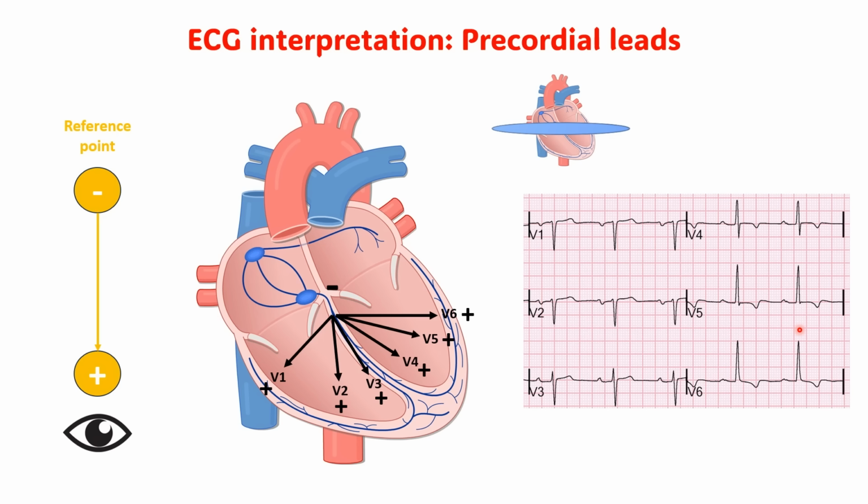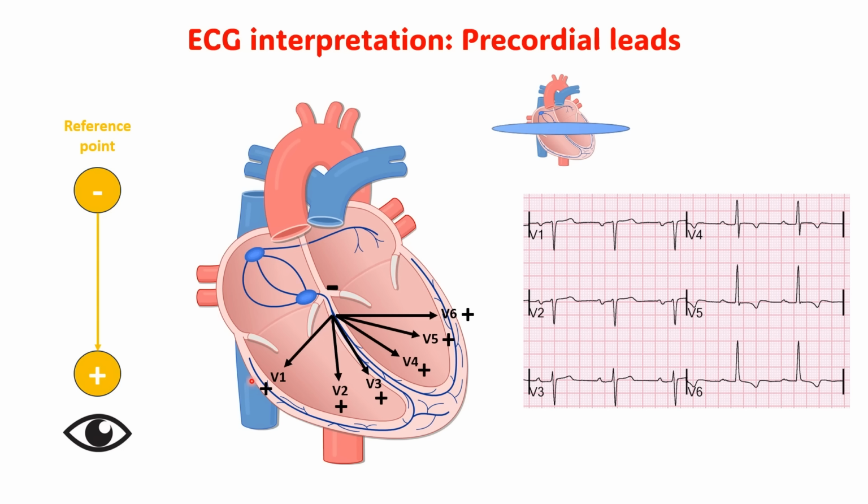V1 and V2 allow a view of the ventricular septum and the right ventricle. We can apply the same principle: if we look at the positive pole here, this is where we have our point of view, so we're looking in this direction if I was to draw an arrow. Therefore, we're going to have a good view of the ventricular septum and the right ventricle.